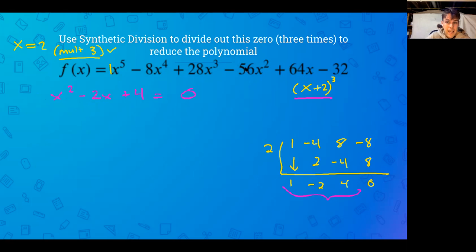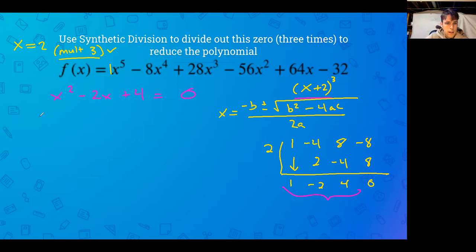The only thing I can do is quadratic formula. So remember, quadratic formula, x equals negative b plus or minus square root b squared minus 4ac all over 2a. If I have something not factorable, can't solve it the other way, got to go to quadratic formula.